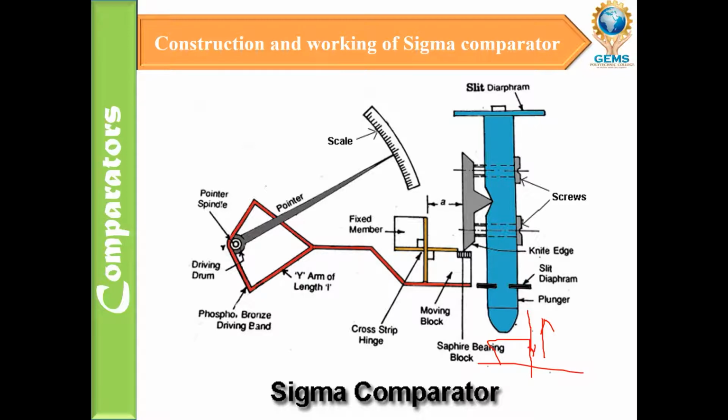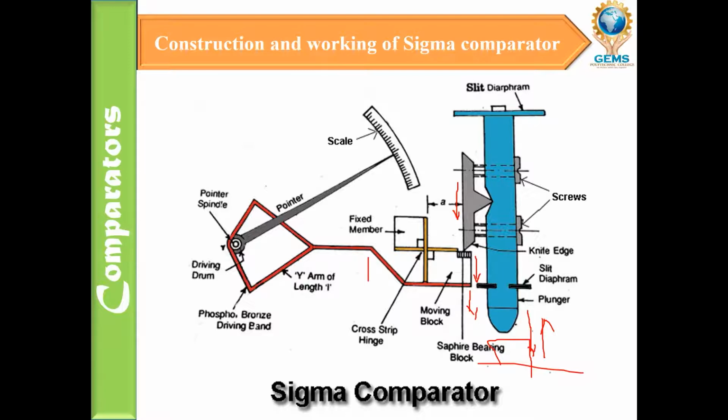When the plunger moves downward, the knife edge follower comes to the downward position. The knife edge follower will touch the moving block. Automatically, the moving block will come downward, and the Y arm also comes downward.